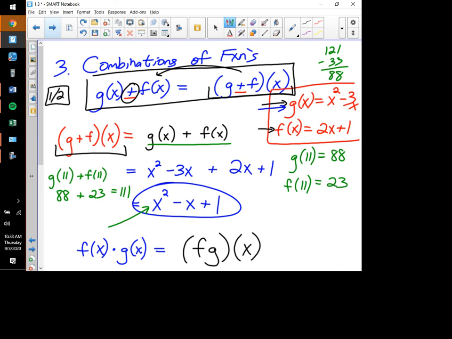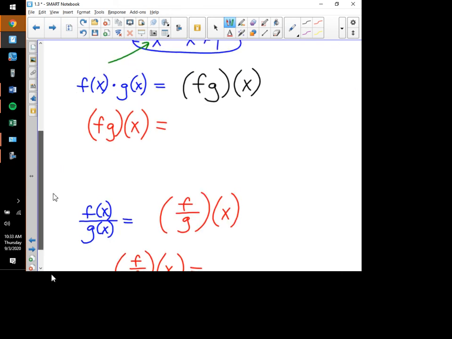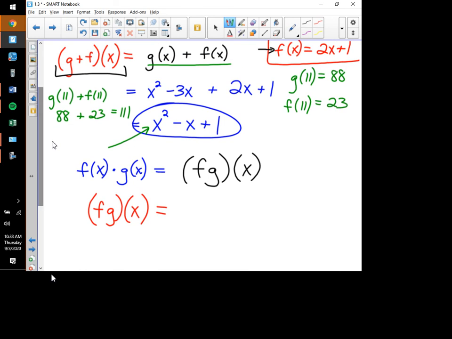So what I want you guys to realize now, and I wish I'd given myself a little more space right here, but okay, we'll cram this in here. If I were now to ask you guys, let's use this definition right here, what is g plus f of 11? Well, using this definition, we should find that that's equal to 11 squared minus 11 plus 1.